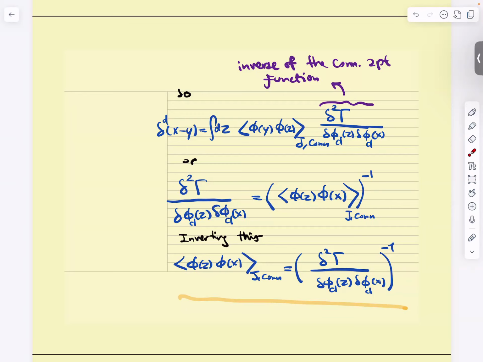Now, what is the meaning of the minus 1 here? I made an analogy with matrix multiplication. These are kernels, right? These are bilocal kernels. Is that part clear? So to write x and y here is, yeah, you understand. Good. We went through that last time.